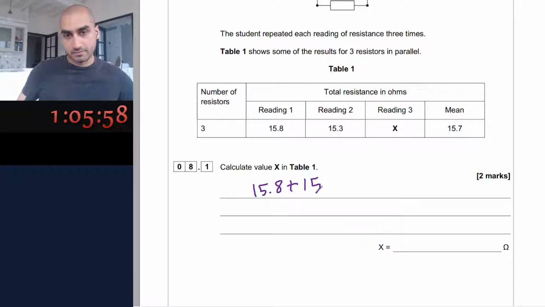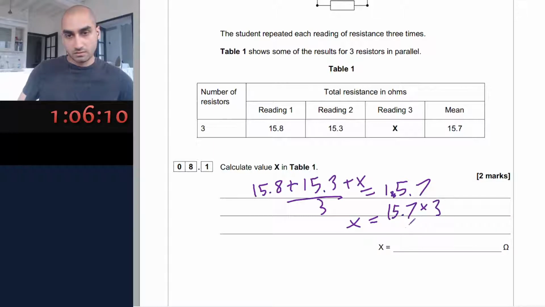Okay, so 15.8 plus 15.3 plus x, over 3, equals 15.7. So x equals 15.7 times 3, take away 15.8, take away 15.3.